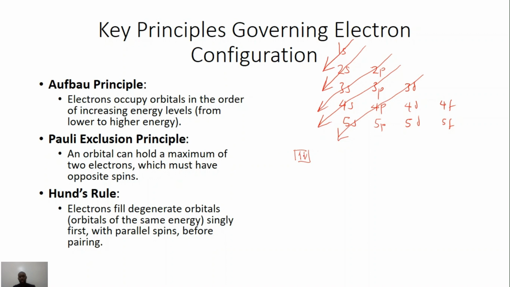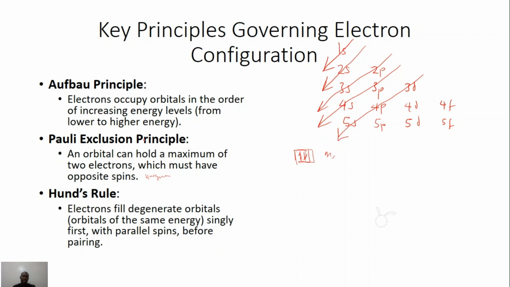Even if they occupy the same orbital, one will be spinning up and the other spinning down, meaning that their ms will be different.